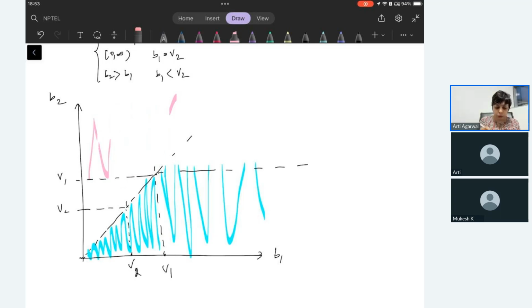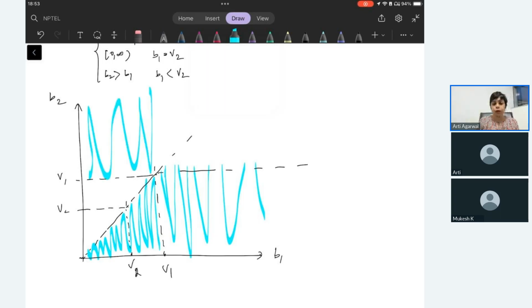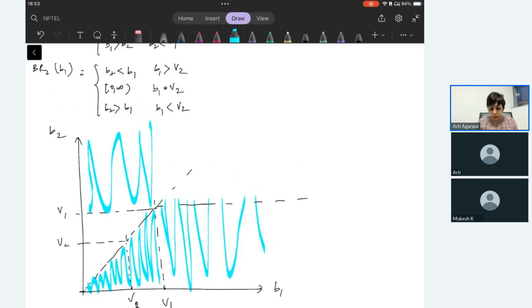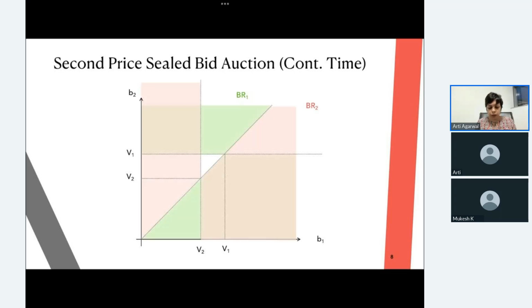I drew it properly in the slides because this gets very messy. So let me go to the slides because this diagram is already looking very messy. So this is your basic framework, this is your diagram.